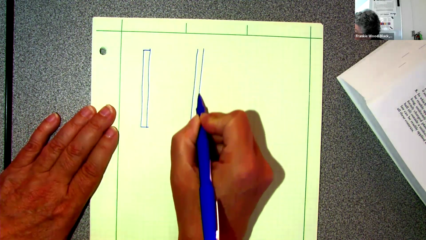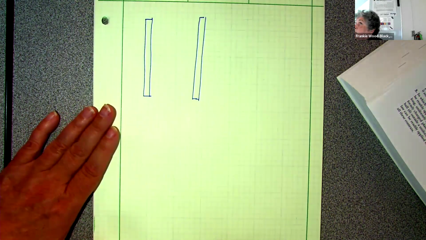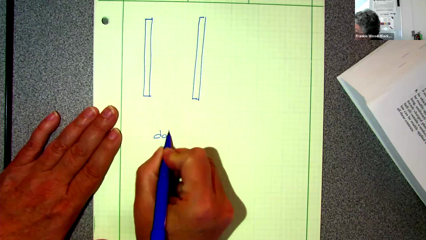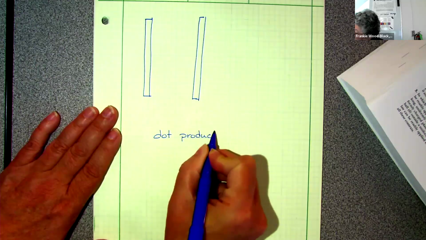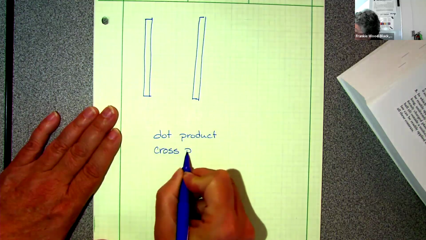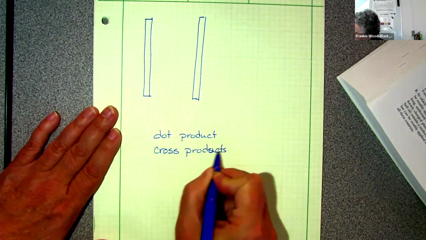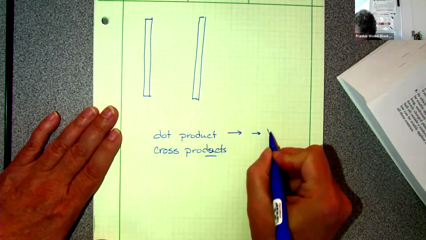And remember, by the way, that is a dot product. I don't know if you guys had been doing that in Physics 1. We have two kinds of products. We have a dot product and we have cross products. Our dot products lead to things like work.